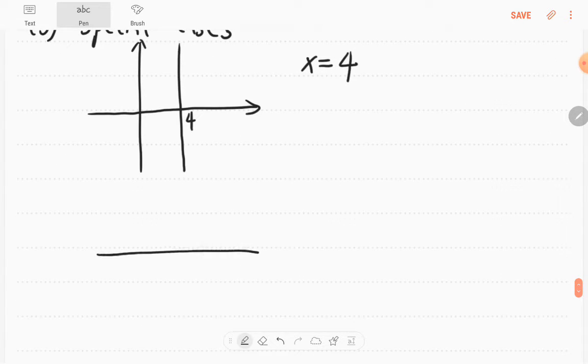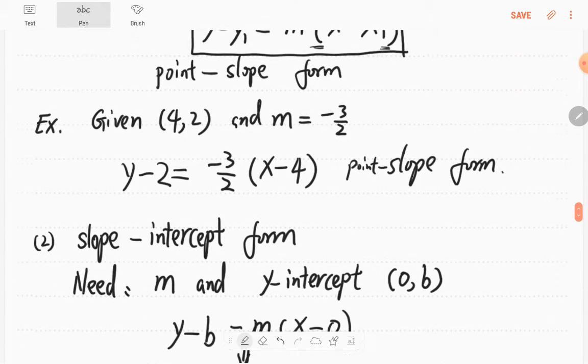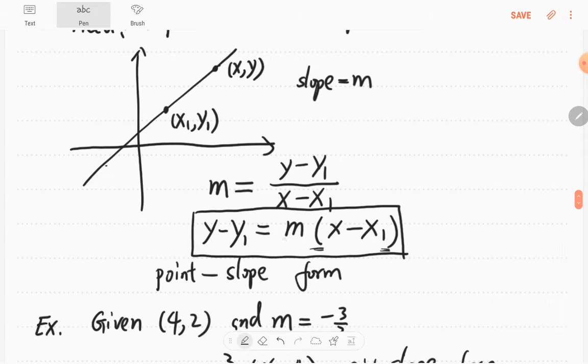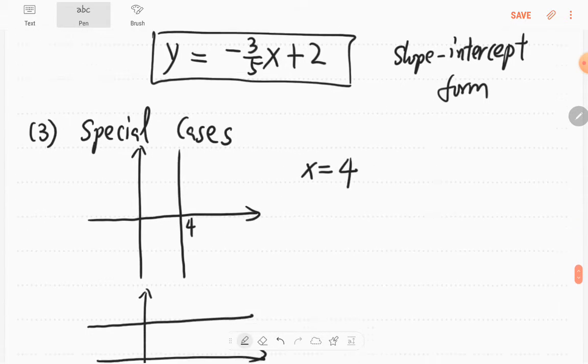If you have a horizontal line, the slope is 0, right? If you have the point-slope form with slope 0, this term is 0, so y equals y1. y1 is the y coordinate on the line for the point.